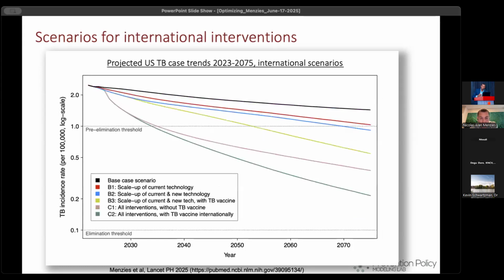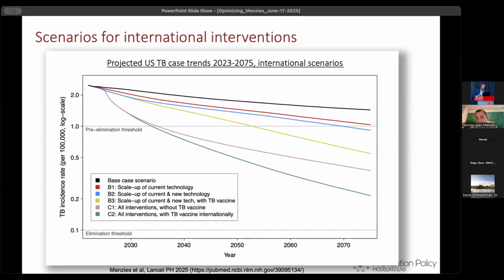And here we're looking at some policy scenarios for better TB control outside of the United States, and then a couple of scenarios putting all of that together. So the red, the blue, and the dirty yellow we have here are increasing steps of the global plan.